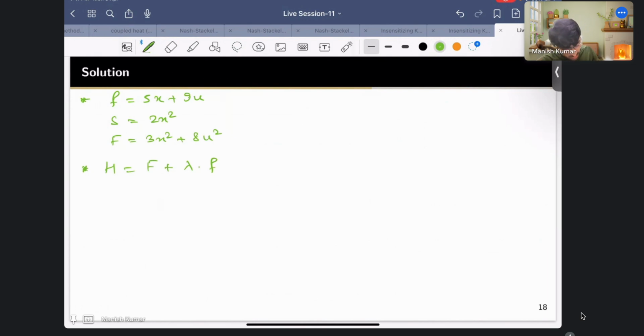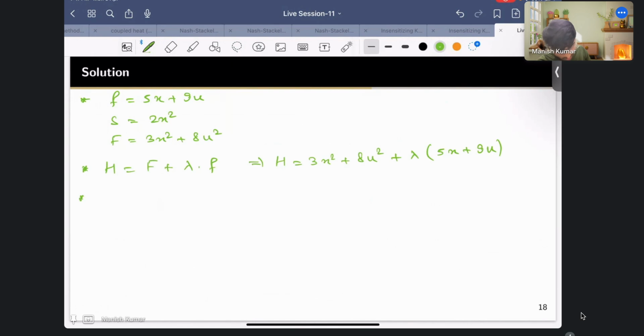So h can be given as 3x square plus 8u square plus lambda times 5x plus 9u. This is the Hamiltonian.